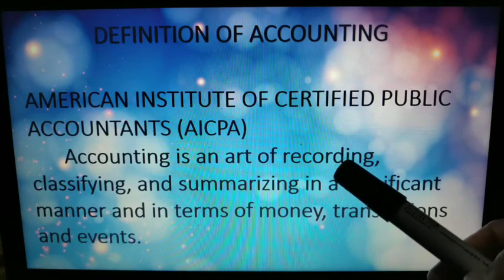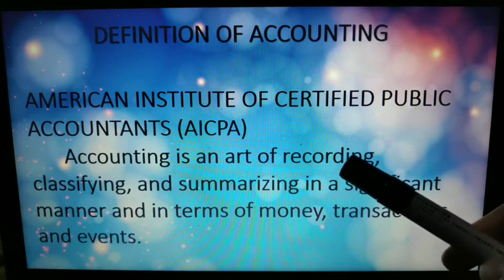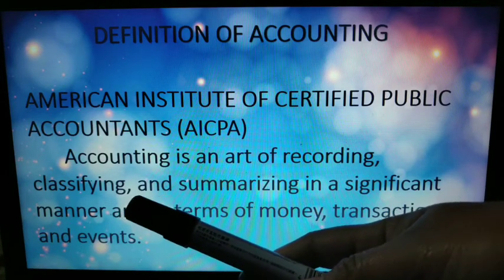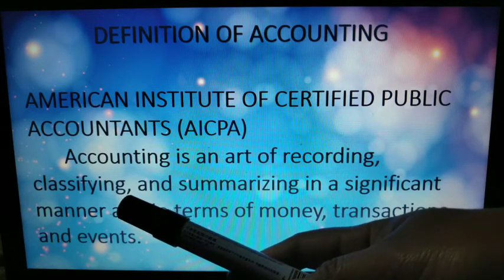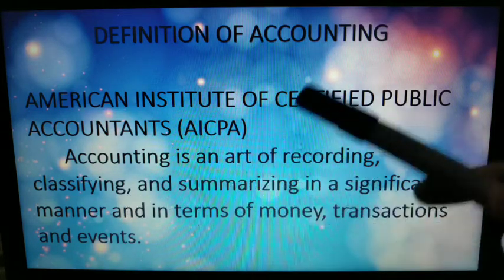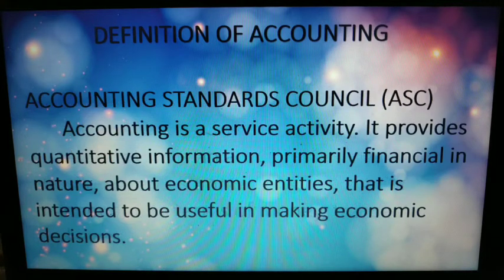It is an art of recording because you are to use your general journal in recording journals or business transactions. And then classifying if that is a business transaction or a non-business transaction. And then summarizing because you are to generate a trial balance or financial statements. So, that is another definition of accounting.